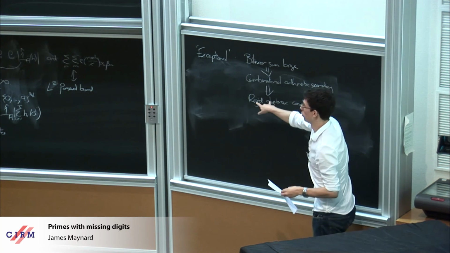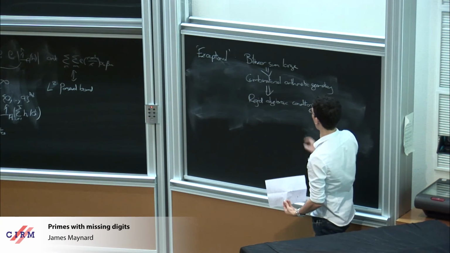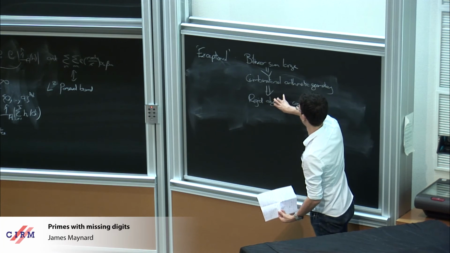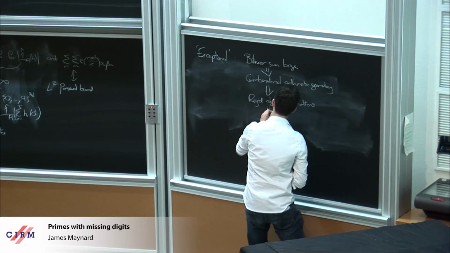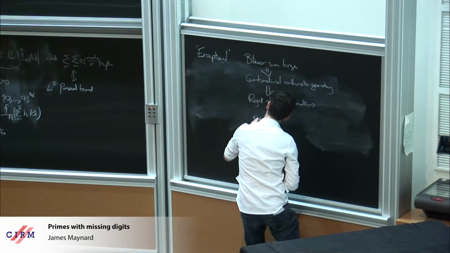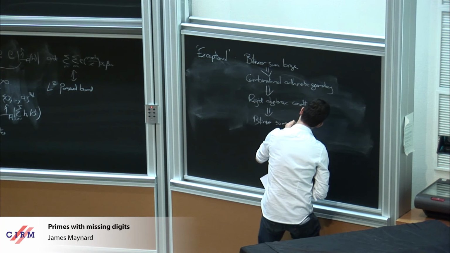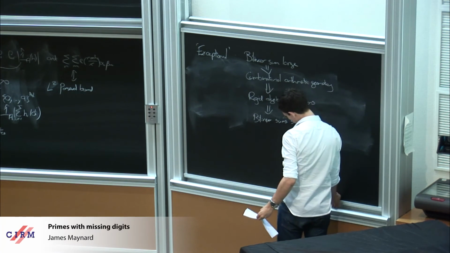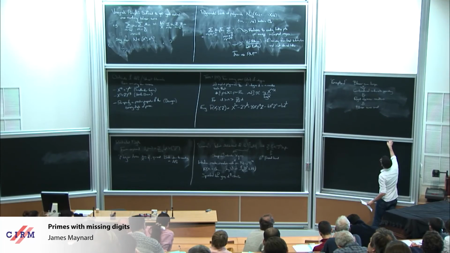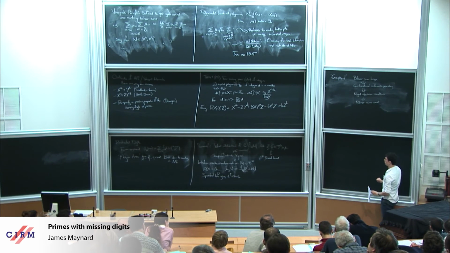And then once we have rigid algebraic conditions, these will be suitably explicit that we can handle them, and we can show that actually if you satisfy these rigid algebraic conditions, the bilinear sums must have been small in the first place. So that's a vague strategy of what I'd like to do.